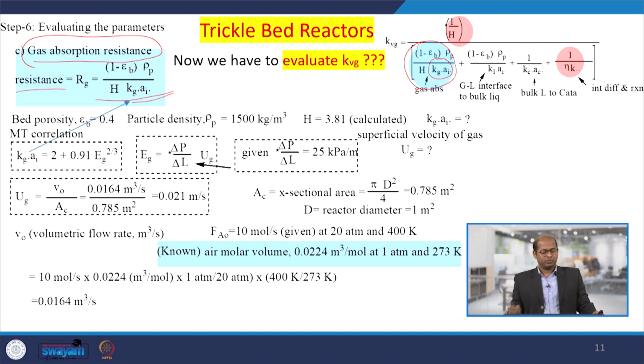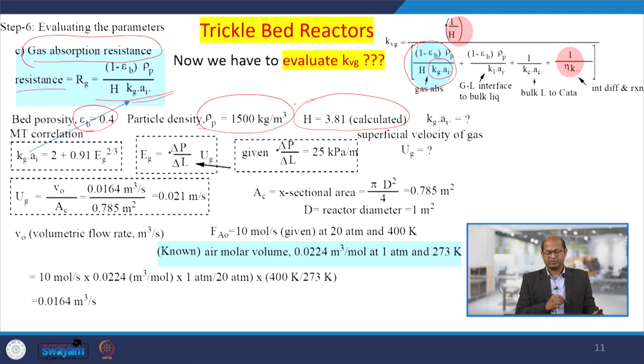Eb is the bed porosity in the catalyst bed, the bed porosity 0.4 is given, and particle density is also given. The particles we are using as a catalyst for this trickle bed reactor, density of the particle is given, bed porosity is given. H value we calculated at the beginning, H prime was given, from that we found H. Okay, that is calculated, that H value we can put.